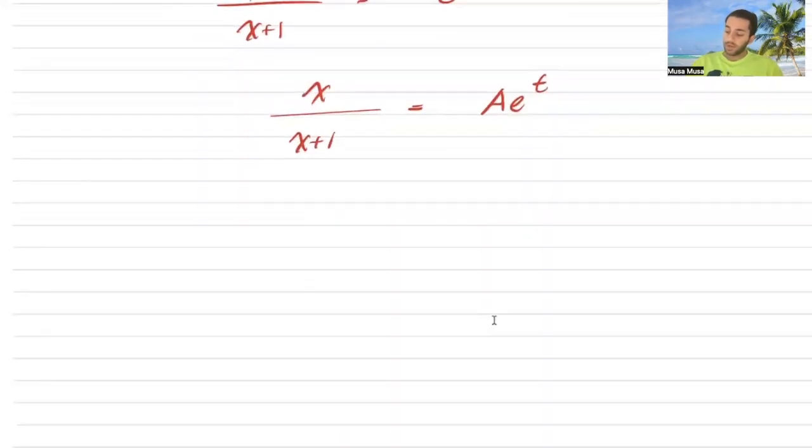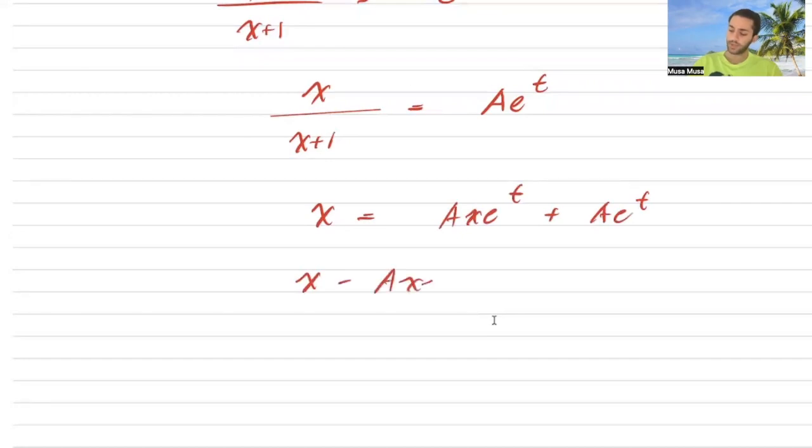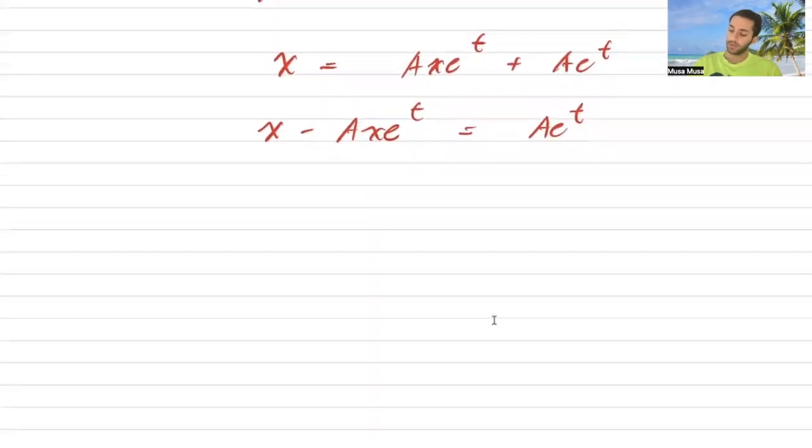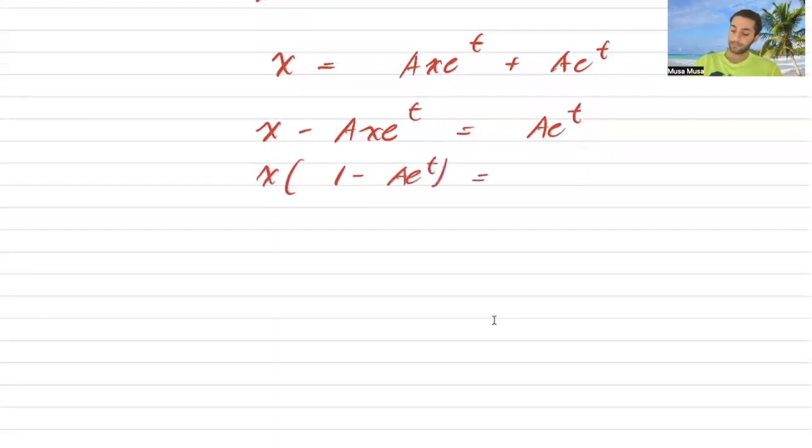Multiplying both sides by x plus 1, we get x equals a e to the t times x plus a e to the t. Moving that over, we get x minus a x e to the t equals a e to the t. Taking out an x, and dividing.